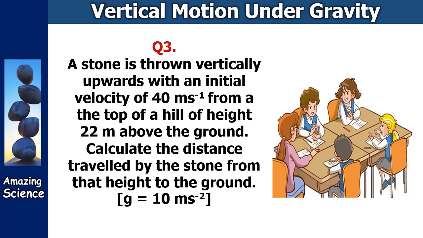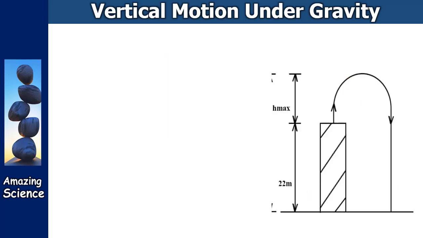So we realize that this is a similar question to the second one we just took. So let's draw our free body diagram to analyze the motion. From the question, the body is projected from the top of a hill and the hill is 22 meters high. So from the top of the hill, the body will reach a maximum height, H max.